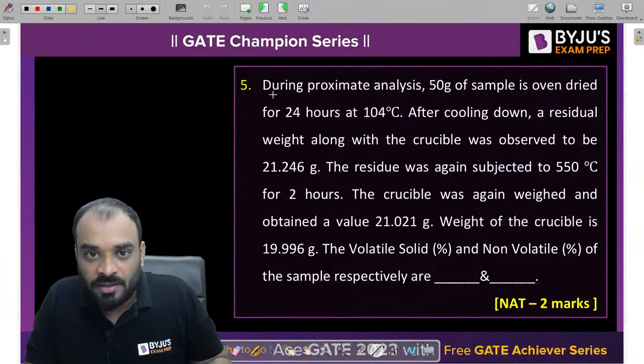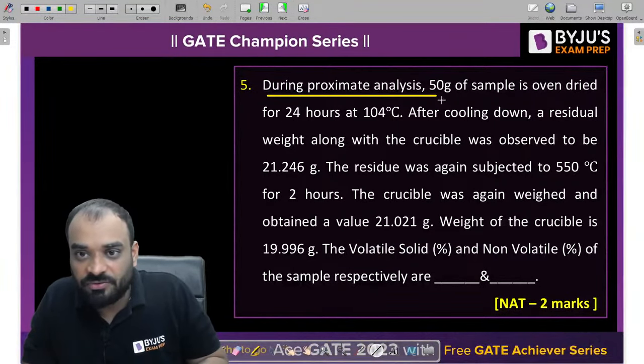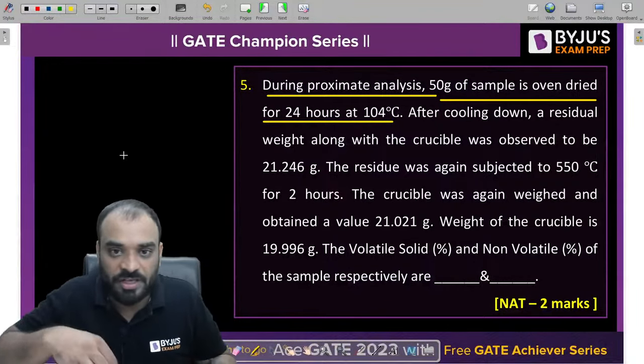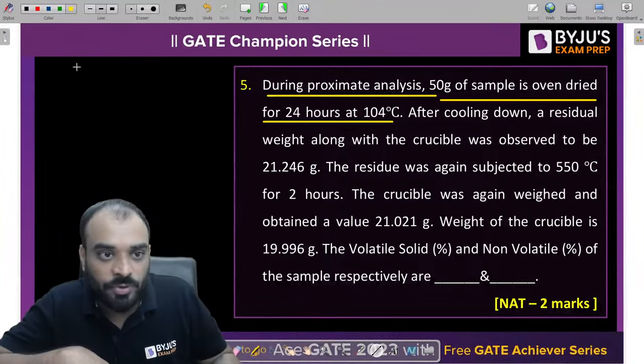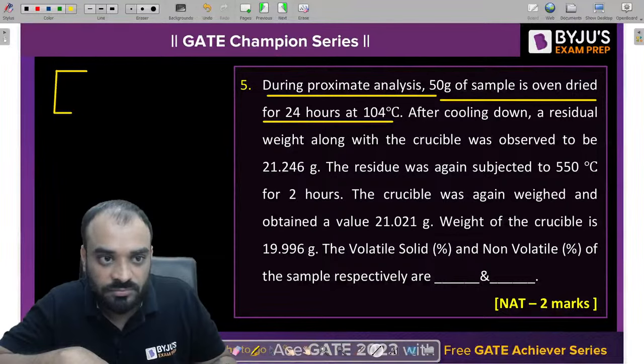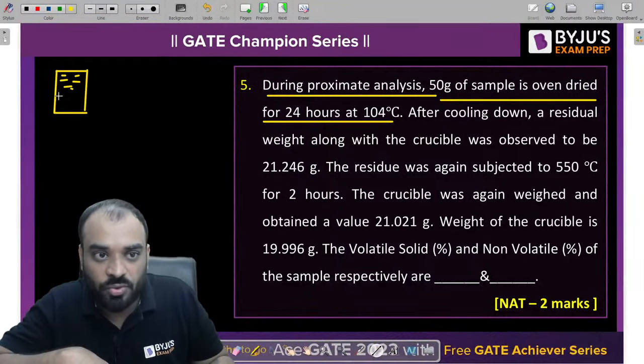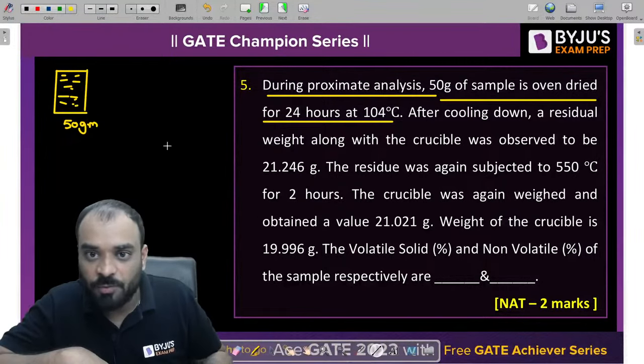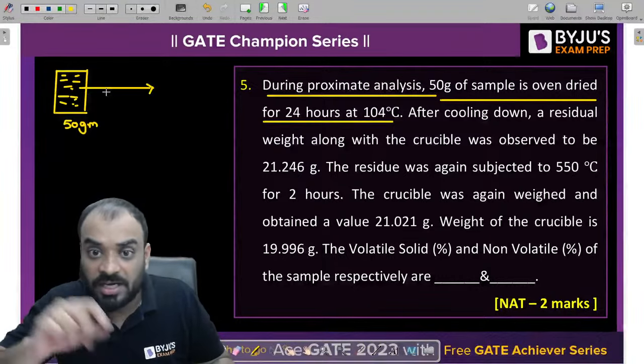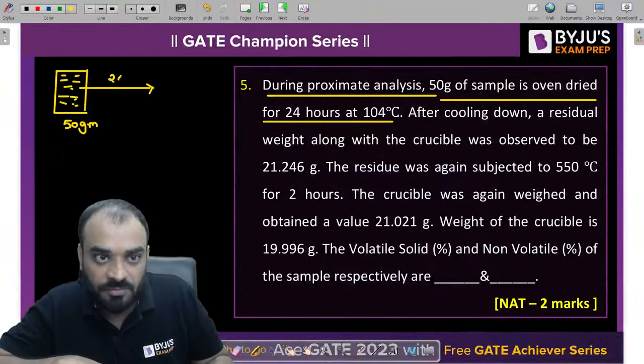During a proximate analysis, the 50 gram of sample is oven dried for 24 hours at 104 degrees centigrade. Let us suppose we are having a sample over here whose weight is given to us, equal to 50 gram. Now we have put this sample for an oven dry process for 24 hours at 104 degrees centigrade.